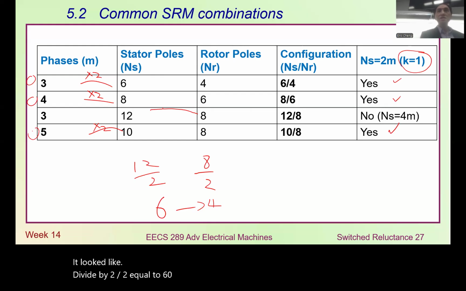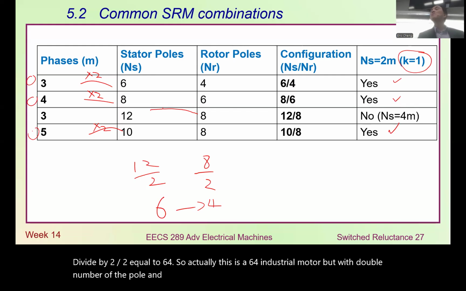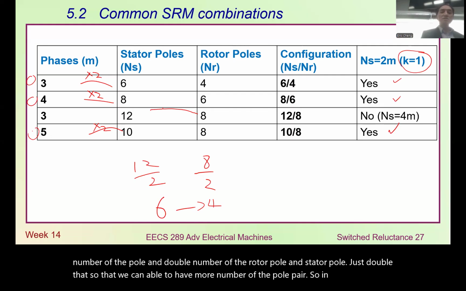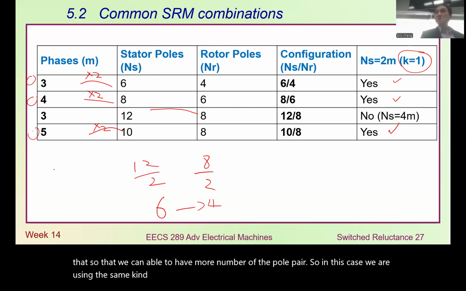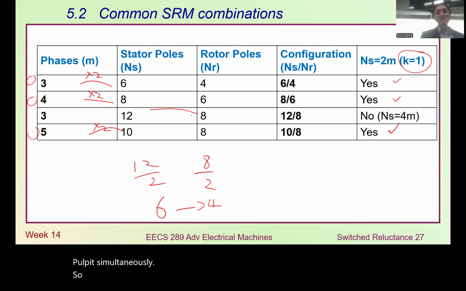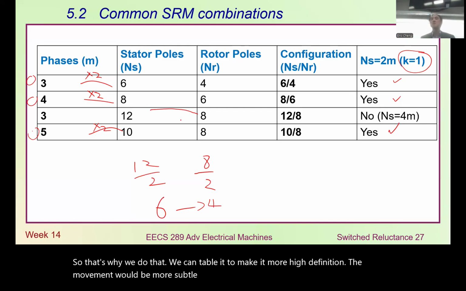So actually this is a 6-4 motor, but with double the number of rotor poles and stator poles, so that we can have more pole pairs. In this case, we are using the same kind of 3-phase inverter to drive them, but each inverter will drive 2 pole pairs simultaneously. So that's why we do that. We can make it higher definition. The movement will be more subtle to reduce the torque ripple. So that's one of the arrangements too.